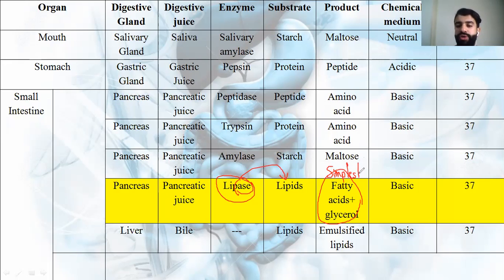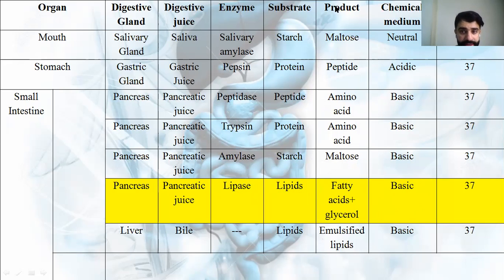Lipids don't have an intermediate form. They only have the complex form, the lipids or fats, and then the simple form, fatty acids and glycerol. They work here in a basic medium where the pH is greater than 7 and the temperature is 37 degrees Celsius. Now let's move to the liver.